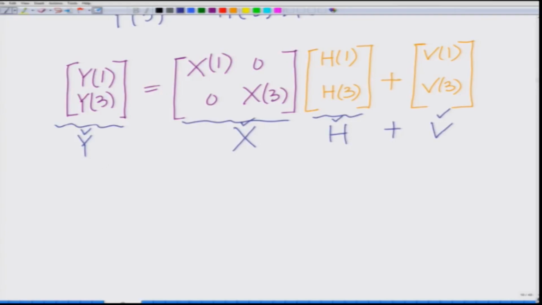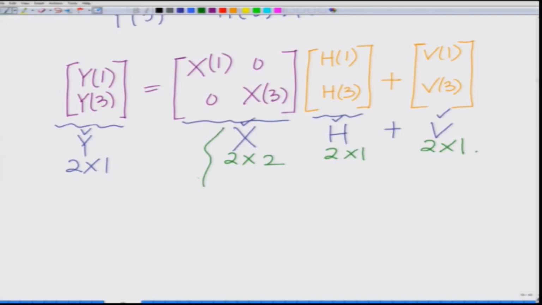So, basically y check, what is this? This is a 2 cross 1 vector, this is also a 2 cross 1 vector. I am sorry, this is a 2 cross 2 matrix, this is a 2 cross 1 vector, and this is a 2 cross 1 vector.